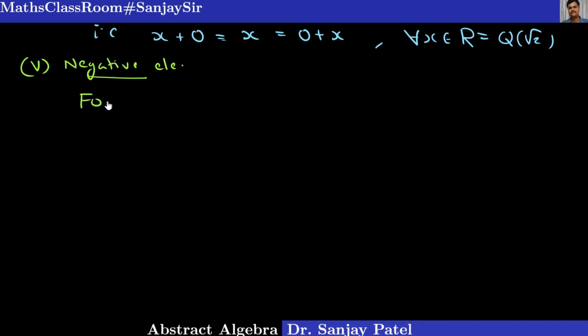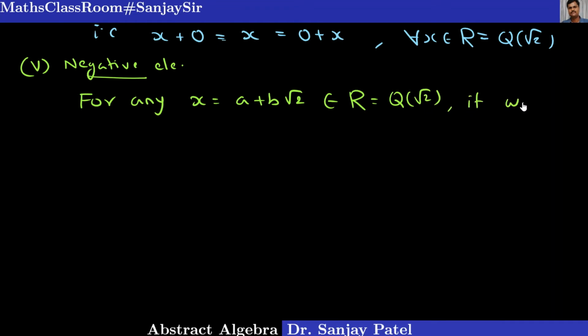For any element, say x equal to a plus b root 2 belonging to the given set R, which is Q(root 2), if we take any given element like x, we define an element which I write as minus x as minus a plus minus b times root 2, using the same numbers a and b.